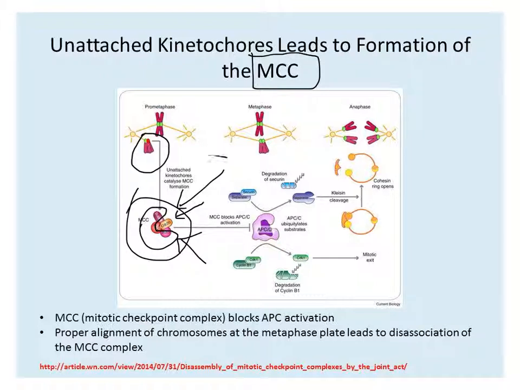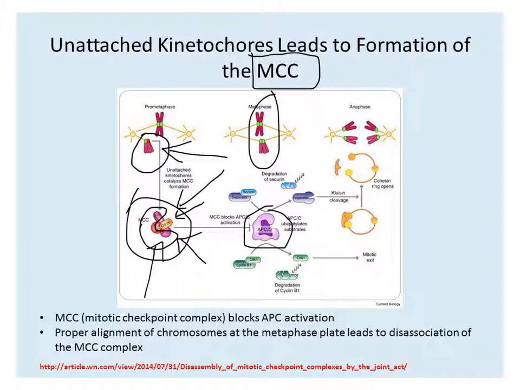But if we have an unattached kinetochore, CDC20 will bind to this MCC complex and will not be able to interact with the APC. However, once these chromosomes are properly aligned, which you can see here, CDC20 will be released because this complex will dissolve. And when CDC20 is released, it binds to the APC and allows for interaction with key targets.